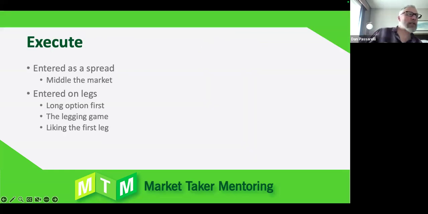So I want to execute the spread. Now, I always prefer to enter this as a spread and therefore middle the market. That's going to get me a better fill price.